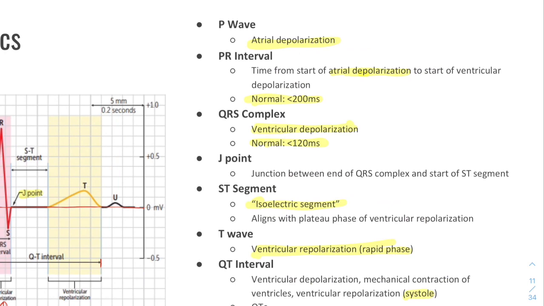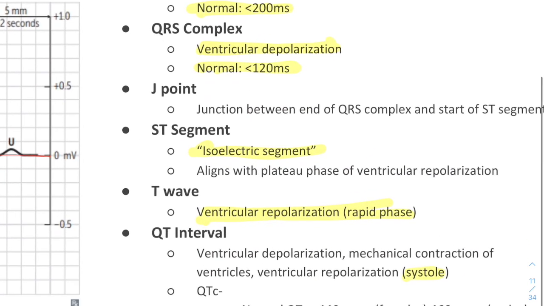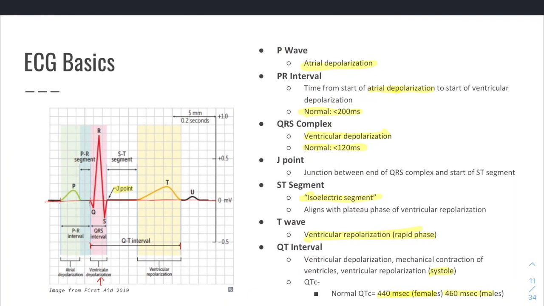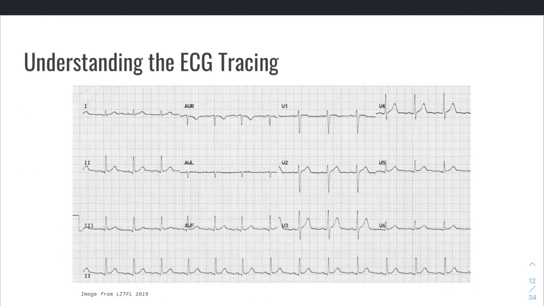And just as a note, you have a corrected QT interval, so you're looking at 440 milliseconds in females, 460 milliseconds in males, and that's important to look at, because if that is prolonged or shortened, you're talking about a lengthened or shortened duration of your period of systole.